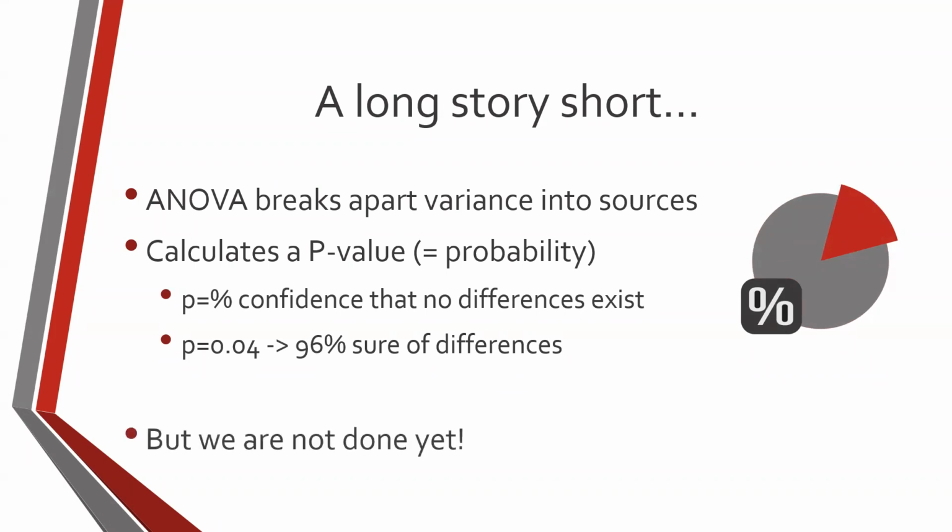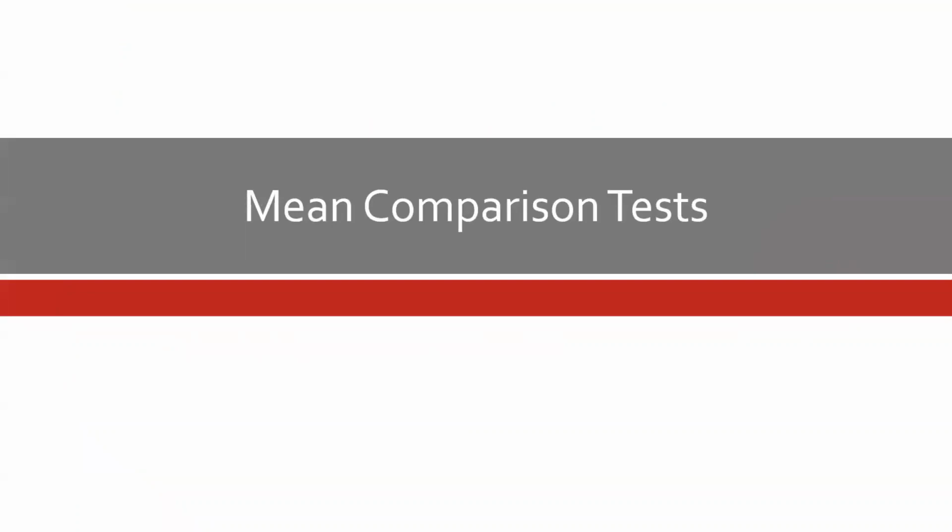However, we're not done yet. Now we need to know which observed differences between those treatments are significant and which are not. So the AOV analysis doesn't provide an answer about which of those differences are significant, just whether there is evidence that some difference exists.